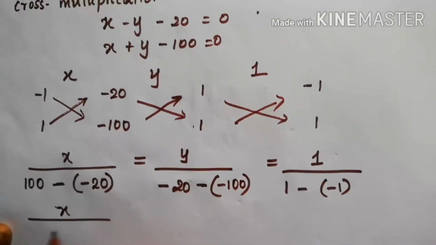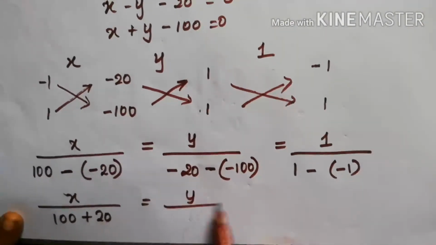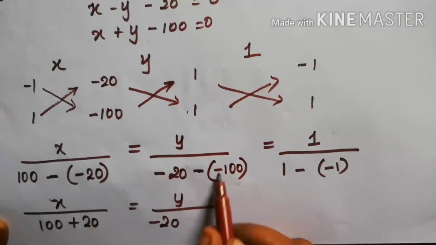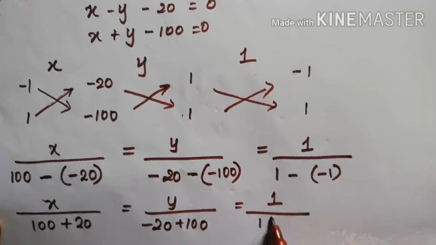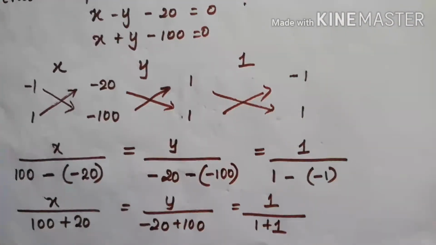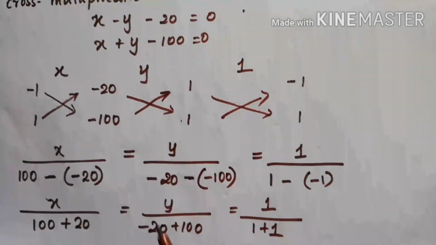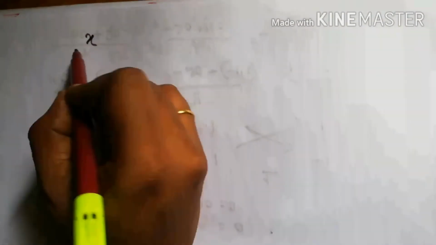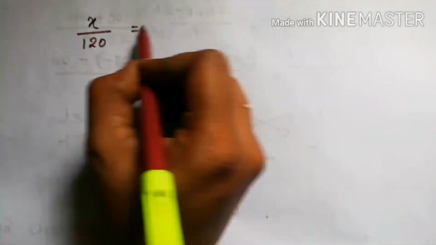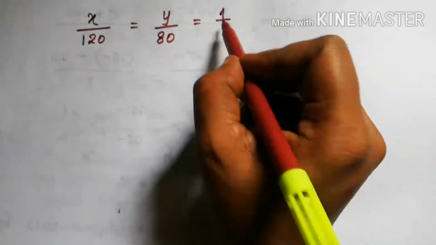Now x by 100 plus 20. Here y by minus 20 minus minus plus 100. Constant by 1 plus 1. So now x by 120, y by 80, 1 by 2. x by 120, y by 80 and 1 by 2.